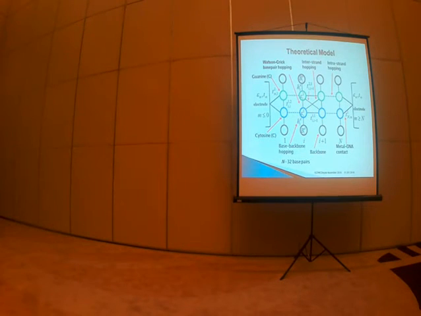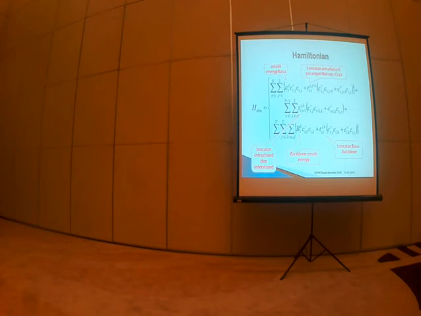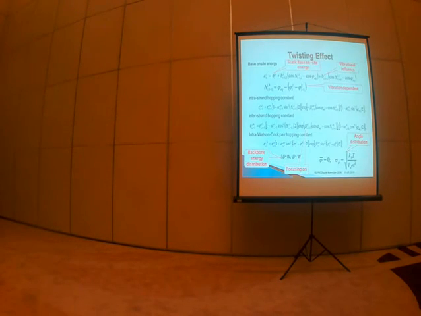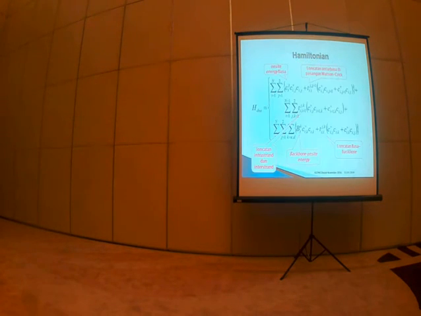So the electron can hop from here to here. The electron can move from this base to this. This is what we call intrastrand hopping, and this is what we call interstrand hopping or diagonal hopping. So this is the term I showed you before.